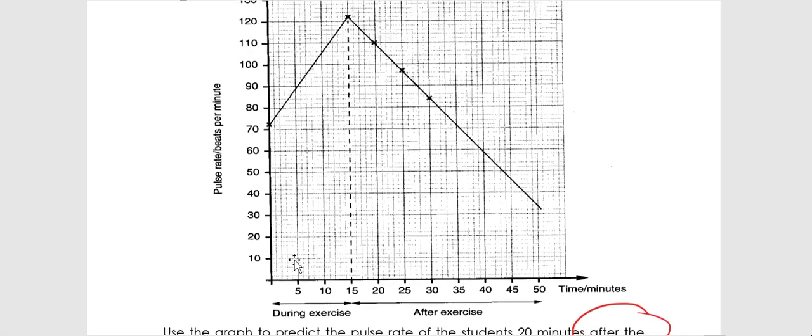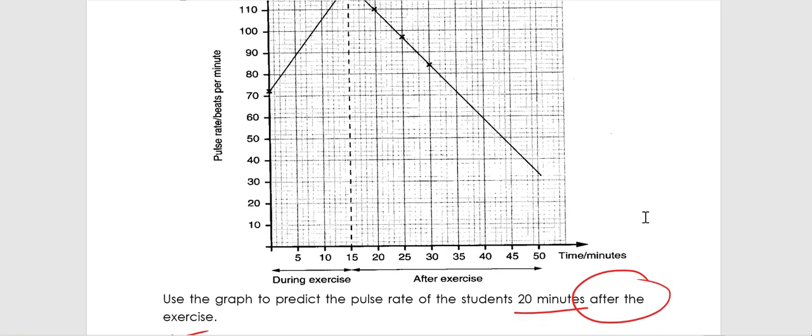This is during exercise from 0 to 15, and we want 20 minutes after. So where are we going to look at the x-axis here? This is the x-axis, this is the y-axis. So we have to look at the time. This one is pulse rate, so beats per minute. If we want to know about the time, we look down here at the x-axis.